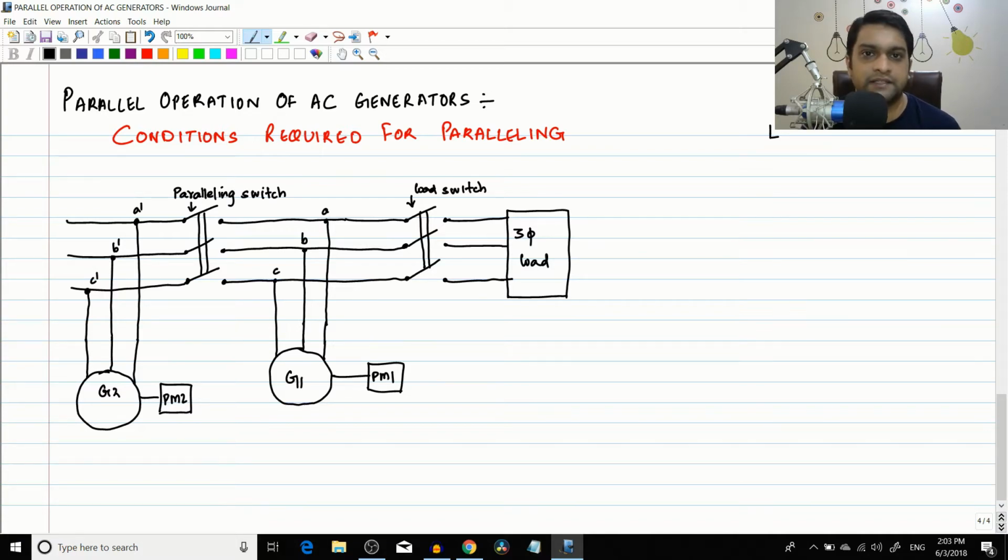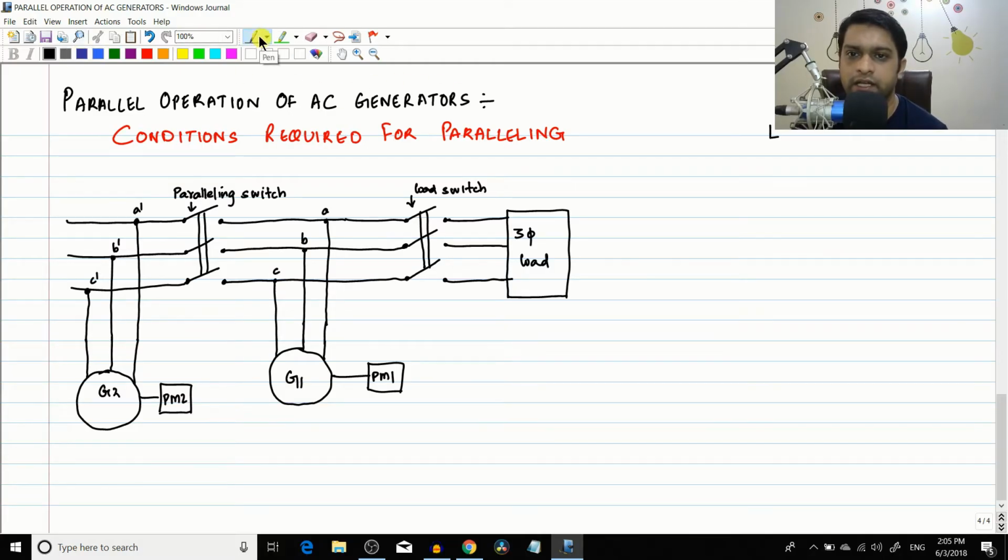Many people confuse these two topics, the conditions after synchronization and the conditions required for synchronization. There is a slight difference between these two. So with that said, let us start with the conditions required for paralleling.